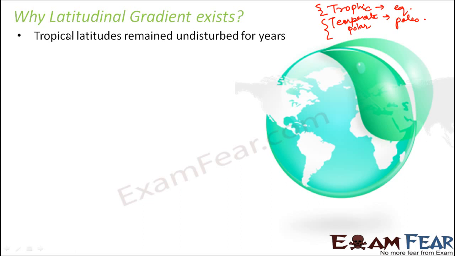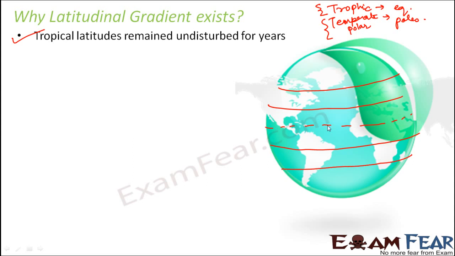So now the tropic latitudes remain undisturbed for years. That means the latitudes which are present near the equator, maybe somewhere here. So if this is the equator, and if these are the tropical latitudes, because these latitudes are comparatively nearer to the equator, these latitudes remain undisturbed for years.